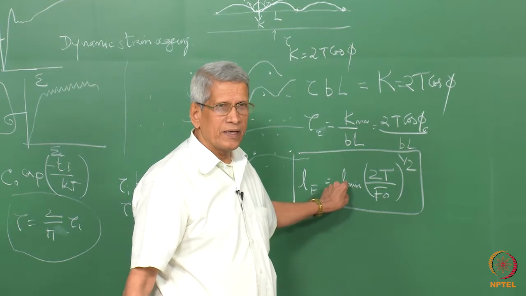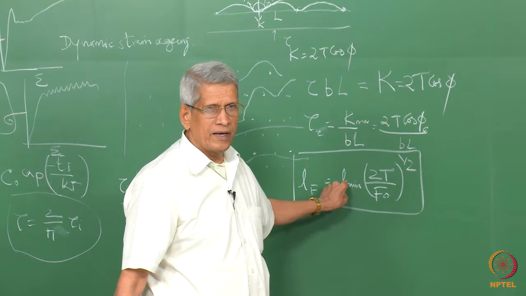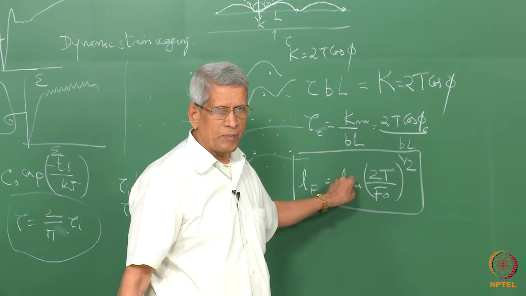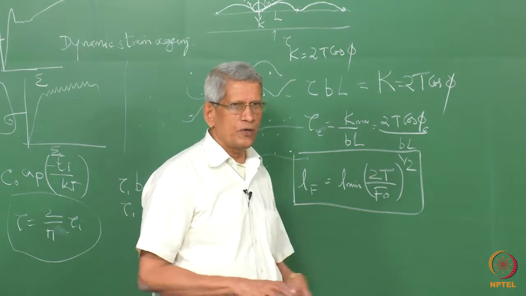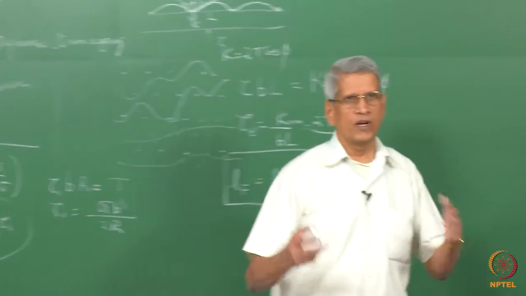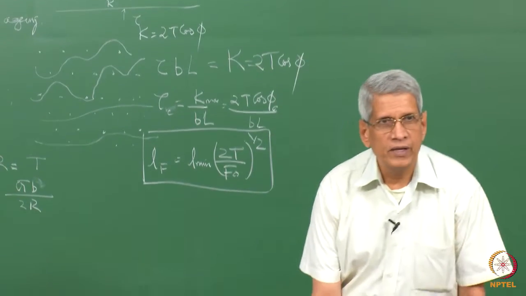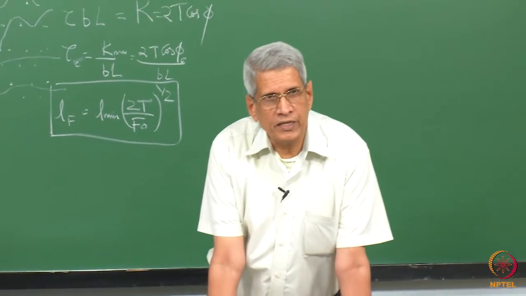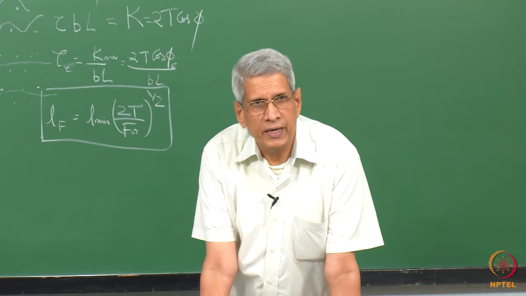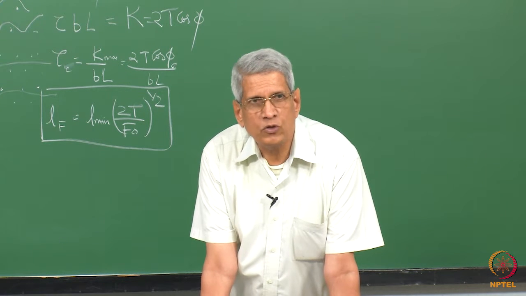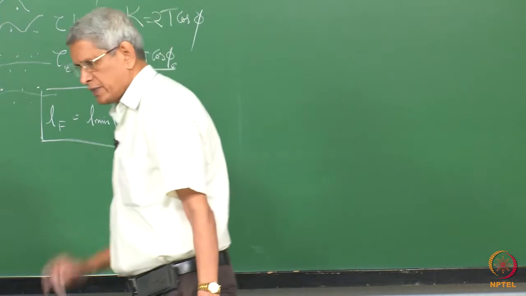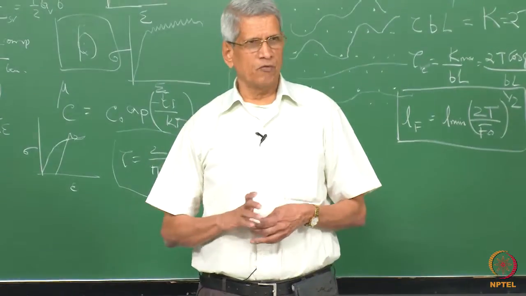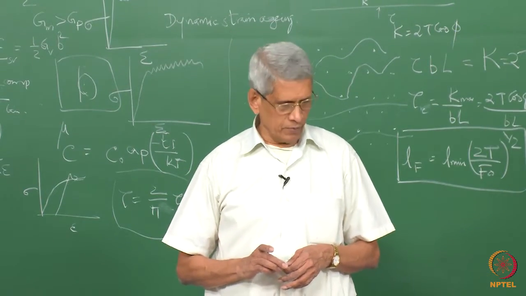When it's a dislocation, a straight line, the minimum spacing is 2T by F0. What is F0? F0 is the different type of interaction the dislocation can have with the particle. It could be order hardening. There are so many types of mechanisms which can happen. That will have some maximum value which is required. That is what F0 represents, the force corresponding to that.